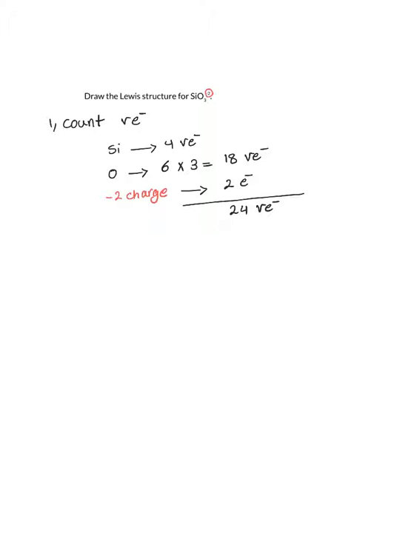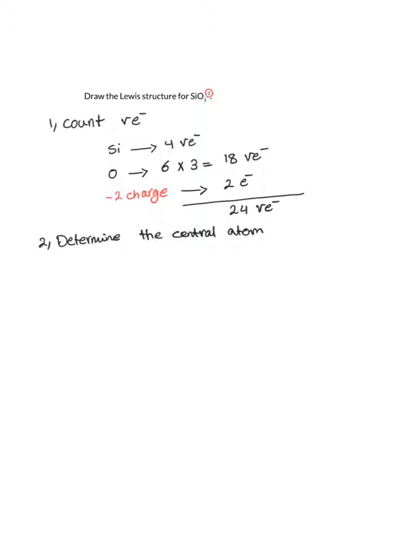The next step is determining the central atom. If you remember the electronegativity trend in the periodic table, silicon is less electronegative than oxygen.